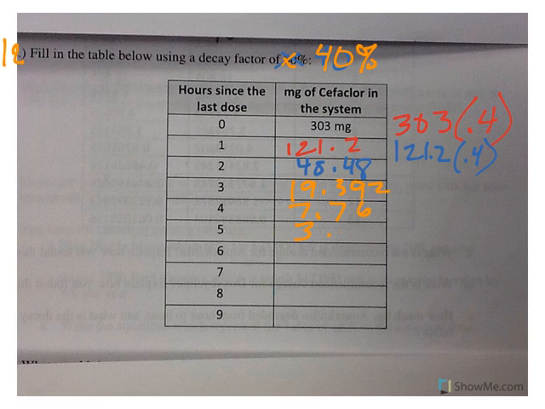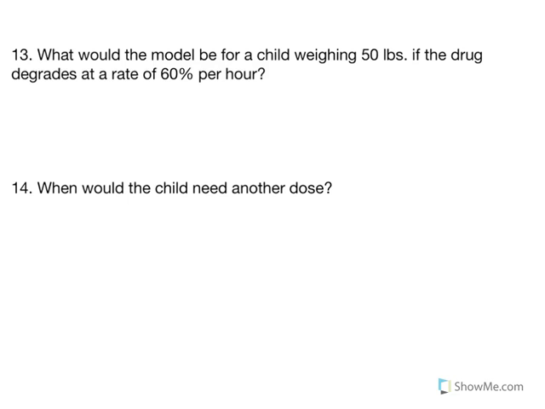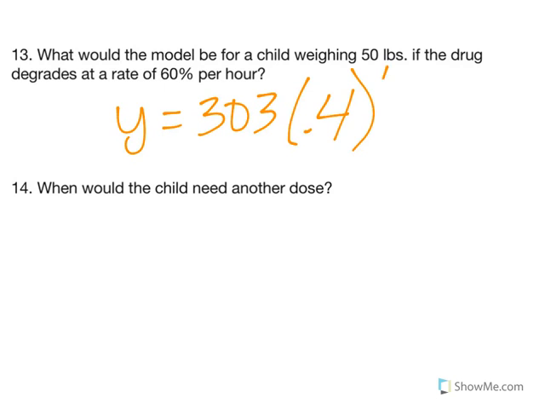I'm going to start rounding because it's hard to write in these little boxes with my fat fingers, and I appreciate you understanding. So you notice how we get pretty low, and it gets lower quicker. Whereas we were not under 1 until 9 hours in the last one, we are under 1 at 7 hours now. So the model for this, we're still starting with 303 milligrams, but now our decay factor is 0.4, raised to the t power.